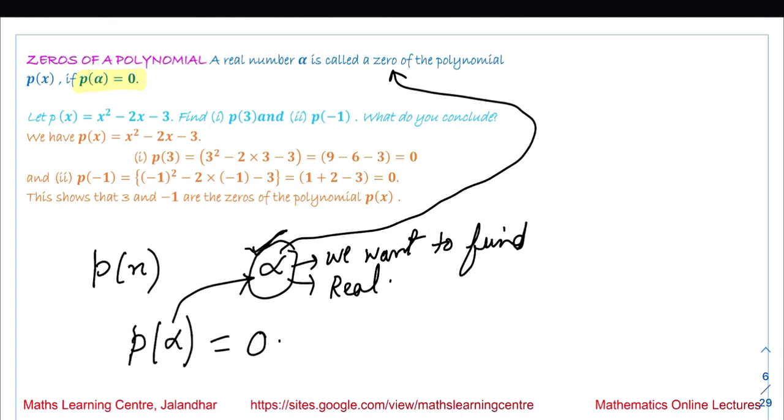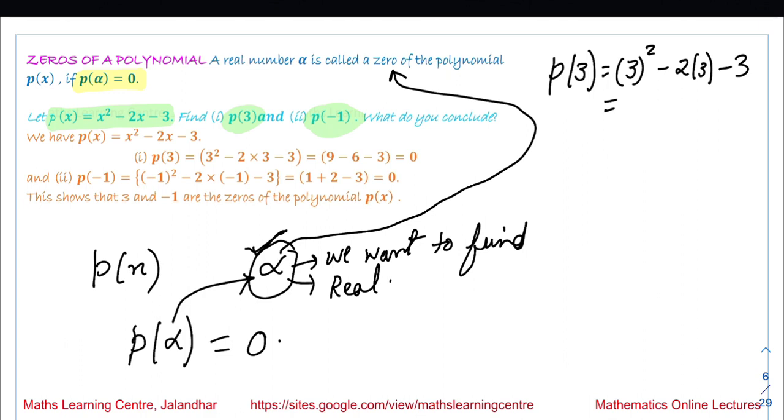If we look at this example, p(x) is equal to this polynomial given to us, and we have to find the value of p(3) and p(minus 1). When we calculate the value of p(3), it is 3 square minus 2 into 3 minus 3.